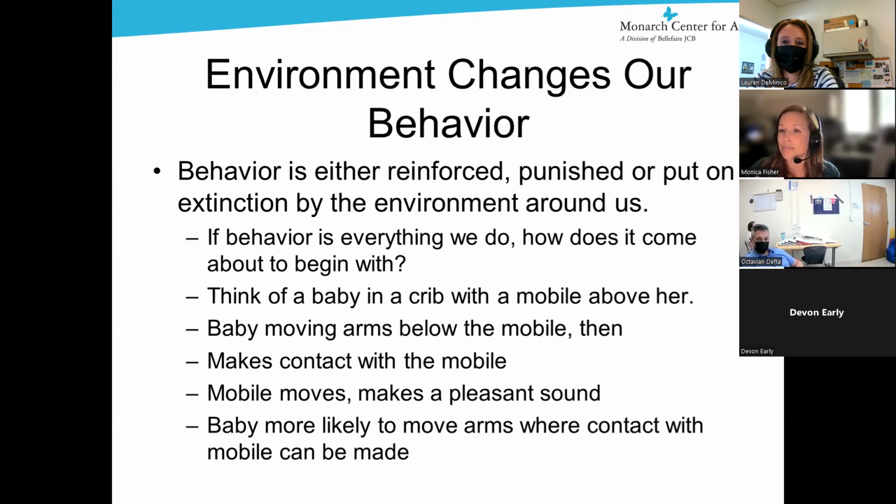That is preferred. That child looks up and does that, and it's like, oh, I like this. I can see it. It moves. So when they're laying in their crib in the future, they learn to start moving their arms around to get the environment to interact with them. No one had to teach them to do that, right? That's just something that was learned and something that they liked.